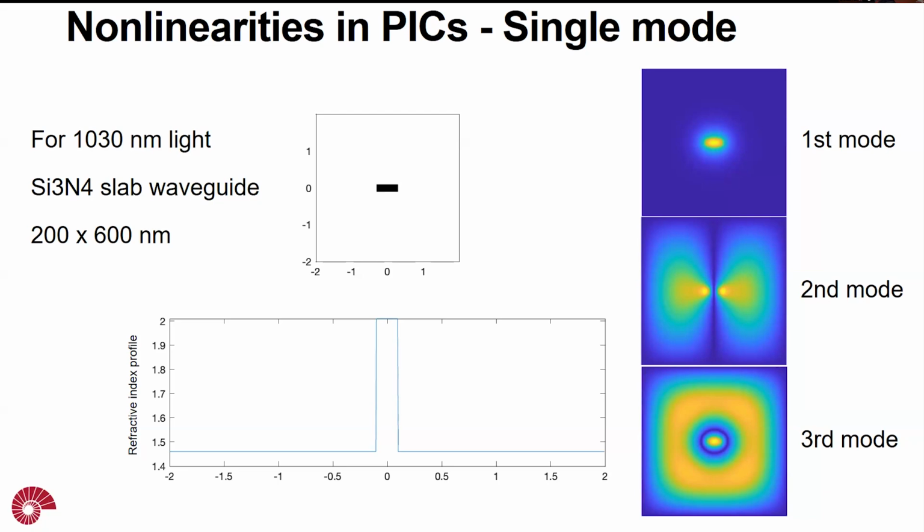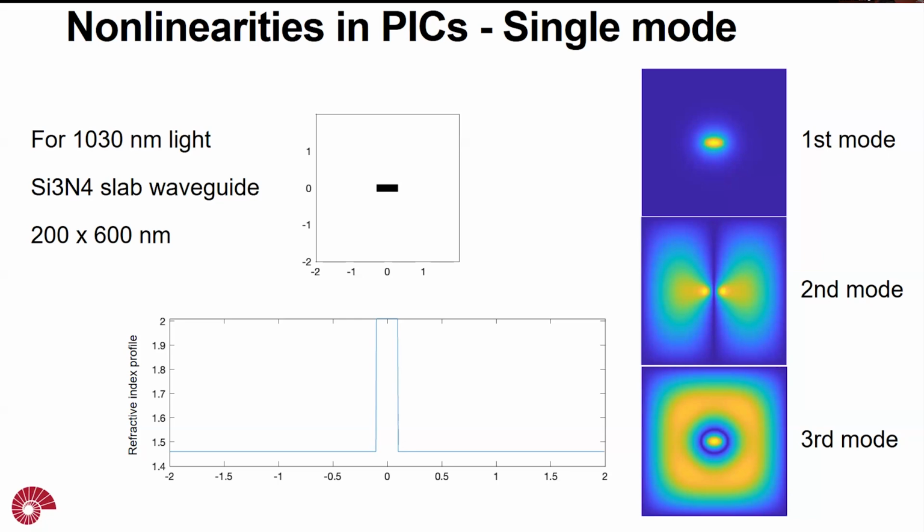Okay? As you can see, this refractive index jumps, and light actually gets trapped here, and total internal reflection guides the light. The dimension of my slab is actually only 200 to 600 nanometers. It's really small, and I'm working at 1030 nanometers, using ytterbium fiber lasers.